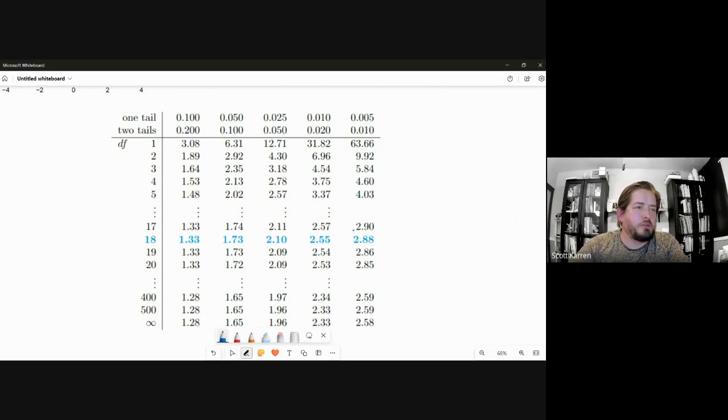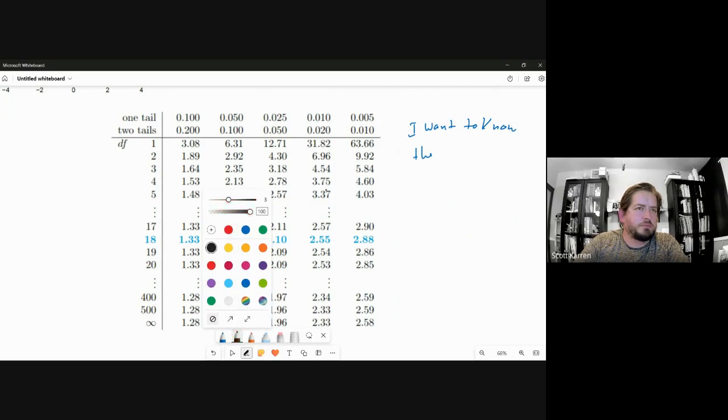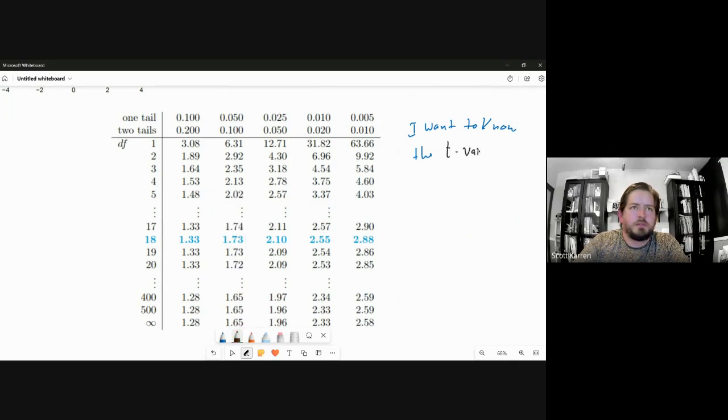So let's say I want to know the area. Well, let's find the t value. Let's do that. The t value for an area to the right. Right. So I'm talking about in the right tail.